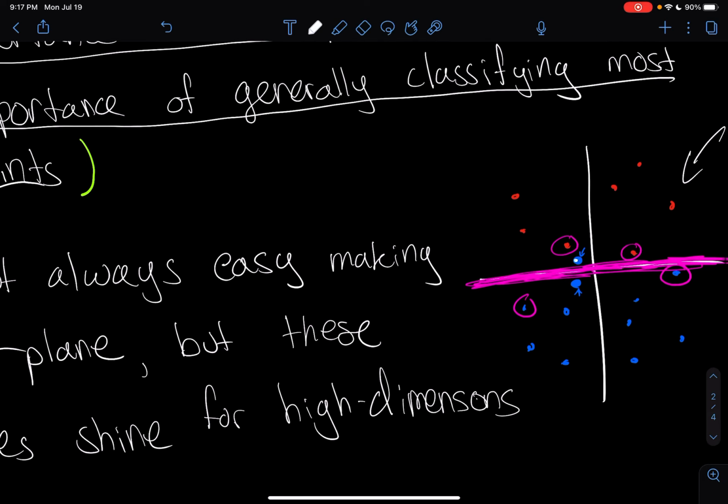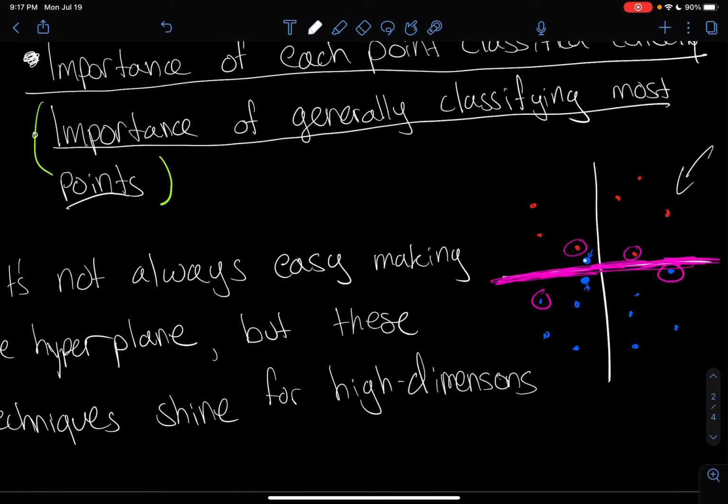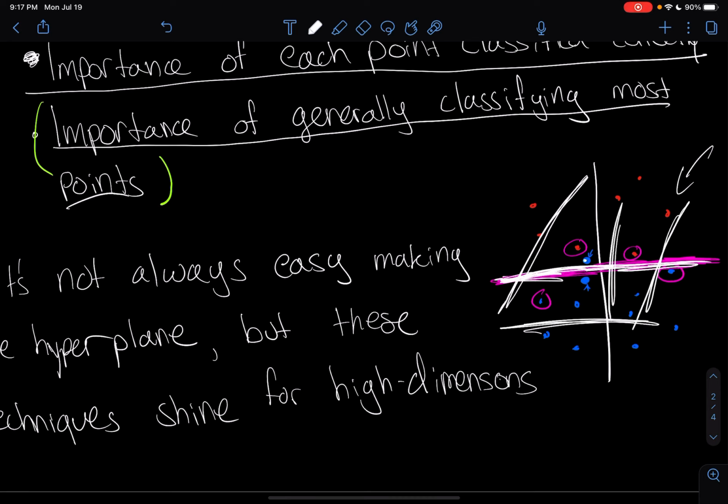That's the challenge of making these hyperplanes, because in such a low dimensionality data set where you just have one or two features, your hyperplane is literally just going to be a straight line across, right? It looks like a line. Why am I repeating that?